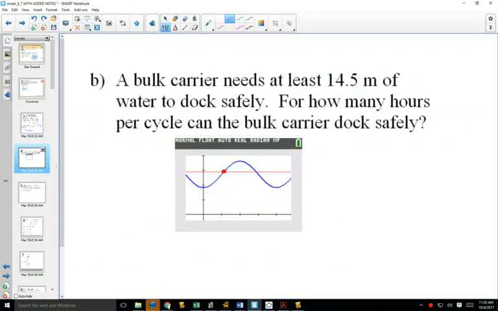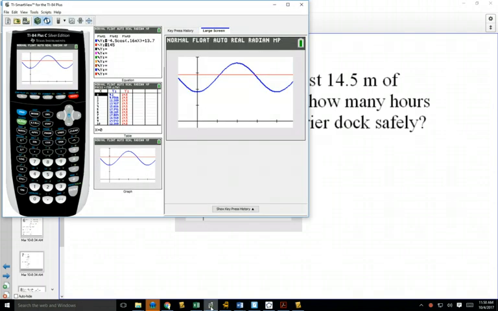So we want to find this point and this point. So we have to figure out how to do that on your calculator.